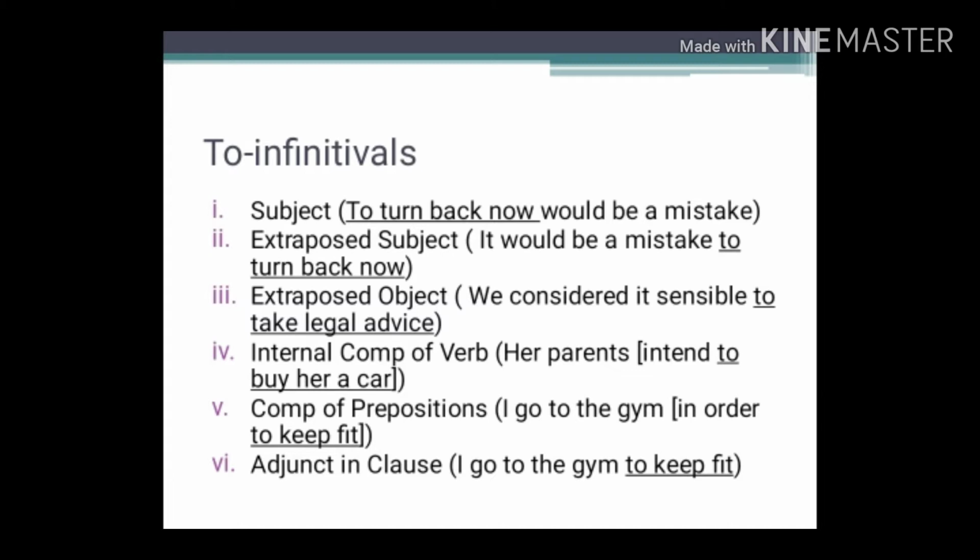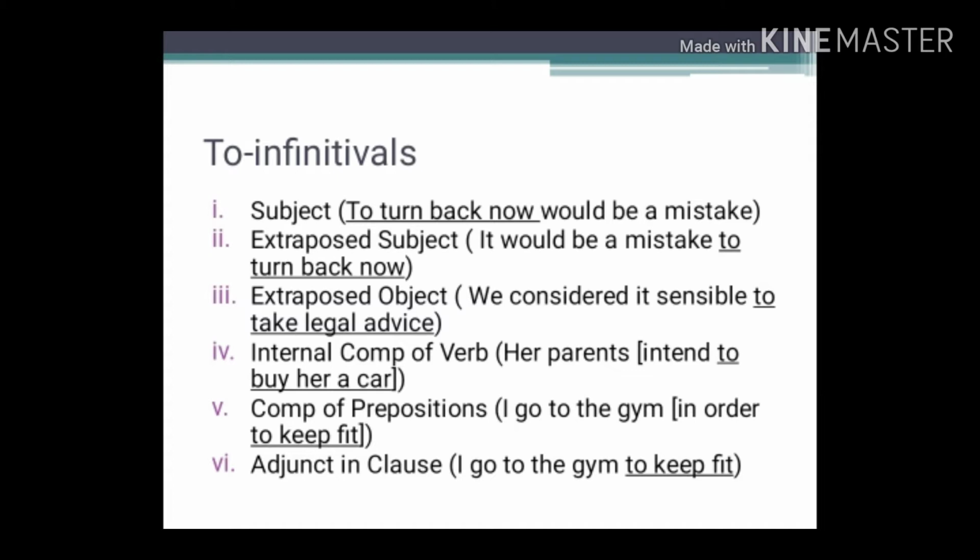Okay, the second construction is extraposed subject. The example is, it would be a mistake to turn back now. As we know, extraposition is a construction or transformation in which a clause that acts as a subject is moved or extraposed to the end of the sentence.